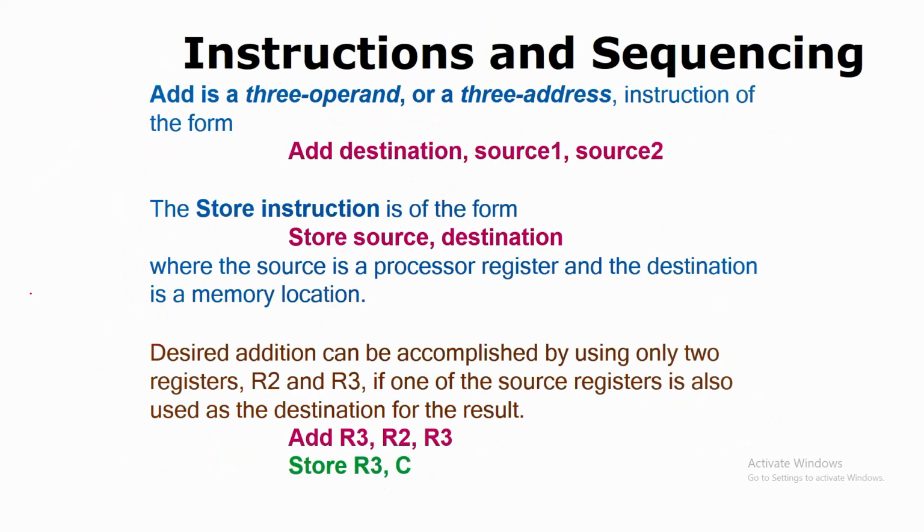The next thing is optimizing register usage. Optimizing here means reducing or minimizing the number of registers used. Now with respect to the instructions add destination, source 1, source 2 and store source, destination: add is a three-operand or three-address instruction format, whereas the store instruction involves two operands.